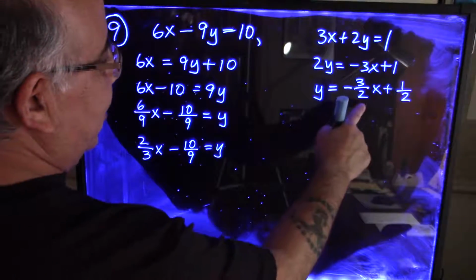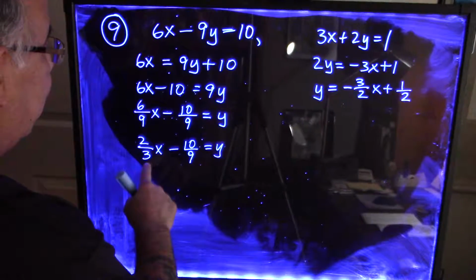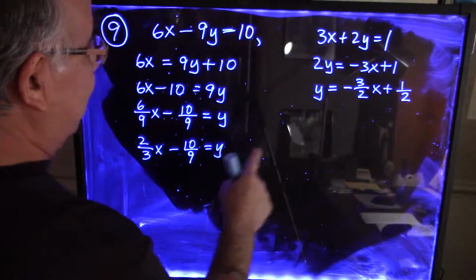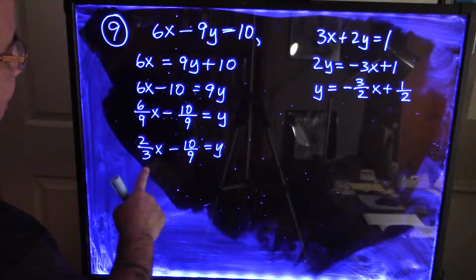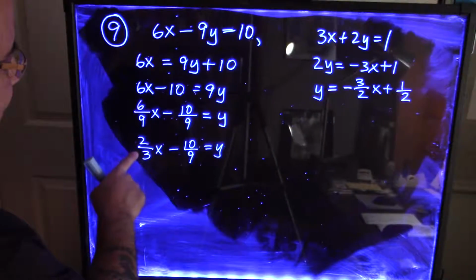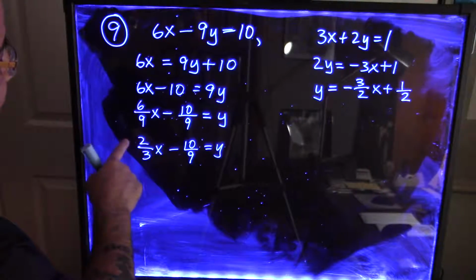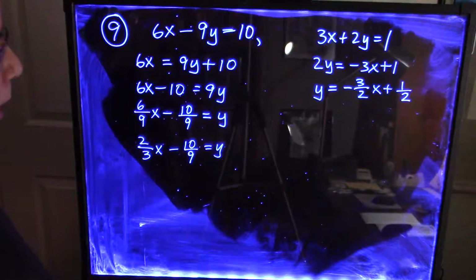Now, the slopes are not equal, so they're not parallel. However, notice that they are negative reciprocals of each other. You could go either way when you look at them. You could look at this, 2/3, and then take the negative reciprocal. The reciprocal would be 3/2, just flip it, and then put a negative in front of it.